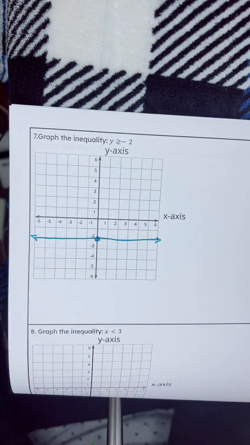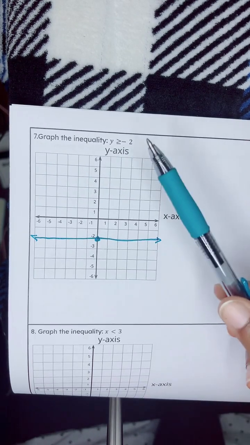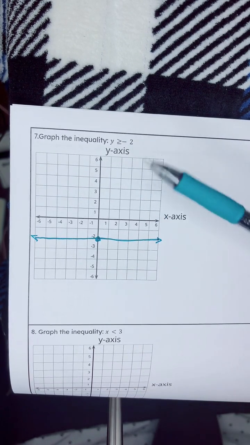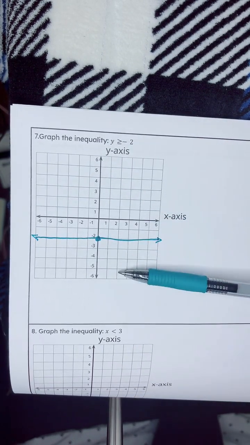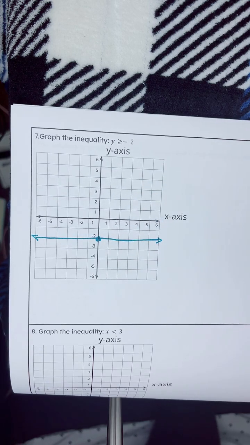All right, which way do we shade? What does this symbol mean? Do we shade above or below? Up or down? I see a whole bunch of above, the top.